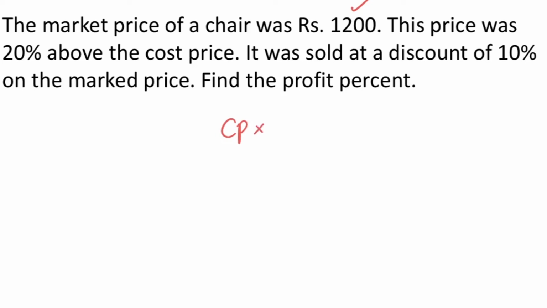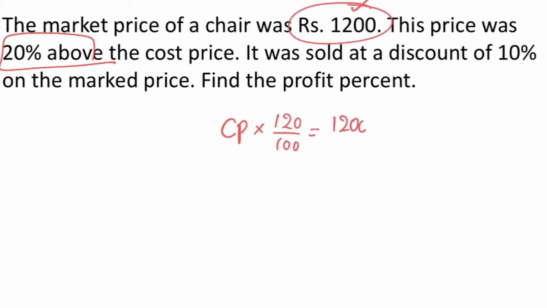Cost price plus 20%, that is 120 by 100 of cost price, will give you market price 1200. See this condition: market price was 1200, which is 20% above cost price. 120 ten times, so cost price is 1000 rupees.